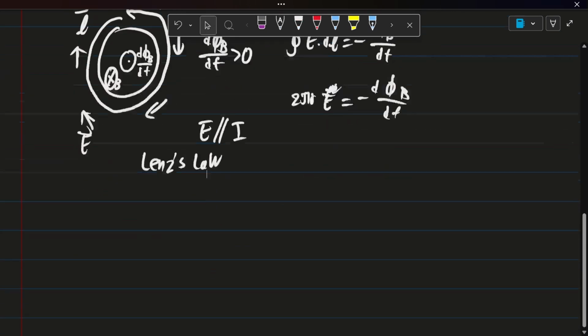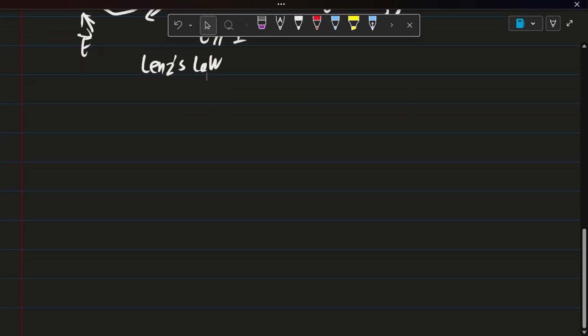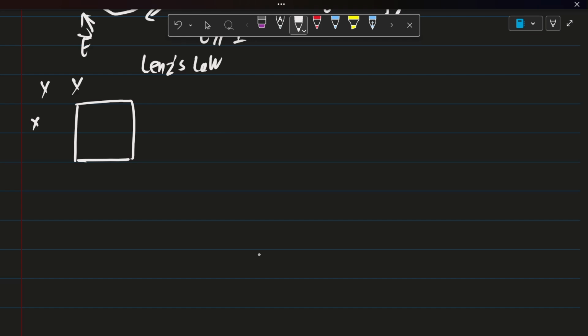So let's do another example. Let's have this piece of wire, and it is within a magnetic field going into the screen. These are all B vectors, up until a certain boundary, and I'll try to pull this out.